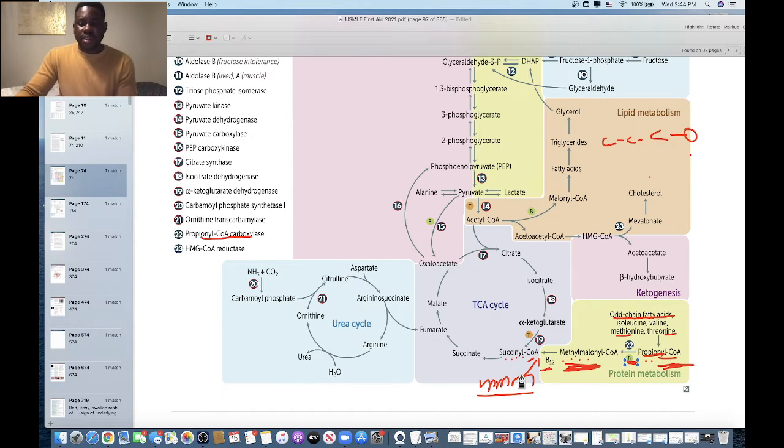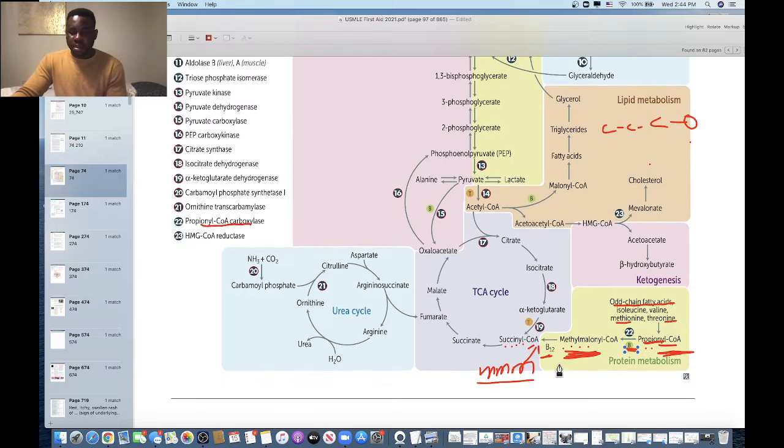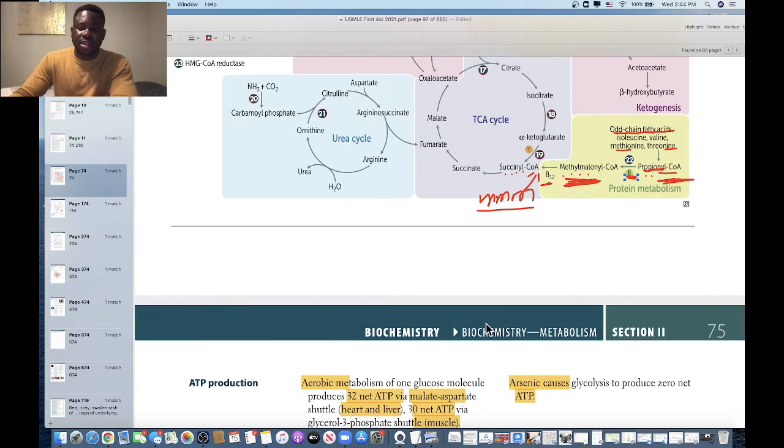Okay, all right, so we can go on. In both of them, of course, succinyl CoA would be low. So it's either here or here. You can take your time to understand this. They love testing on it. This pathway is very, very important.